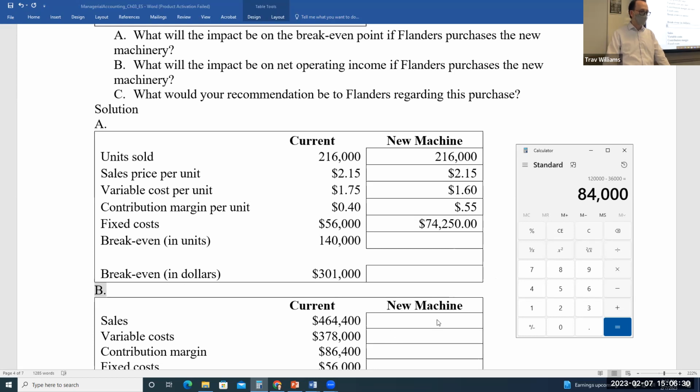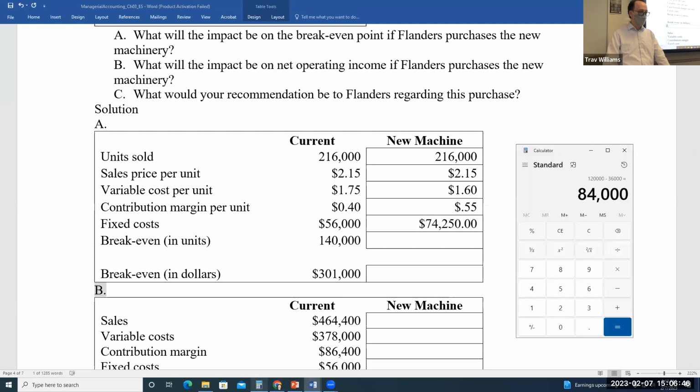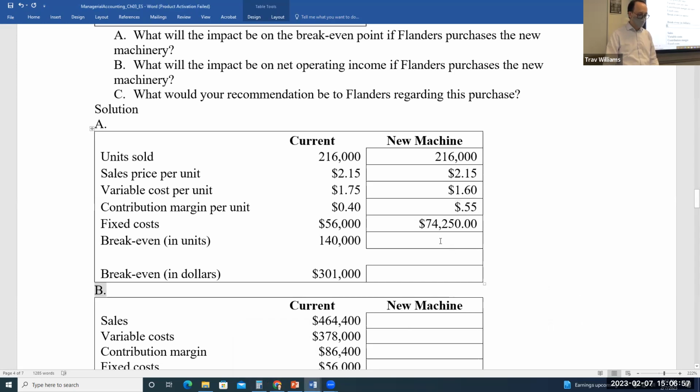That would give us sales, so we will do that for down here. Fixed cost divided by margin ratios. Yes, so to get our break even in units, Christian is right, we take our fixed costs, divide by our contribution margin per unit. Right? And we need to sell 135,000 units to break even.